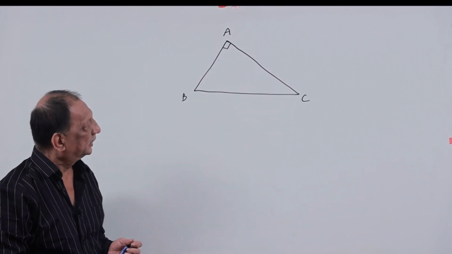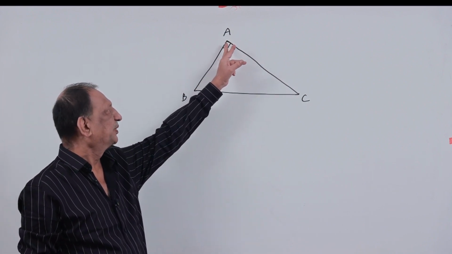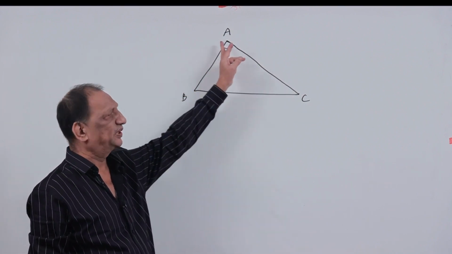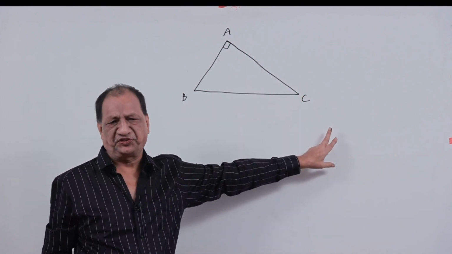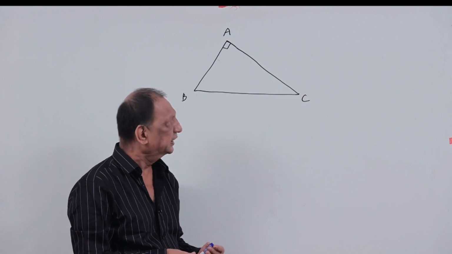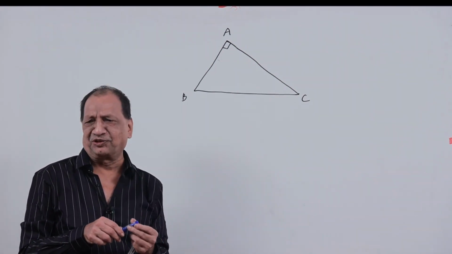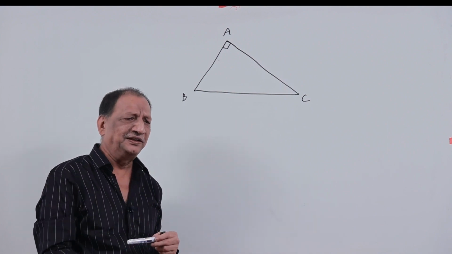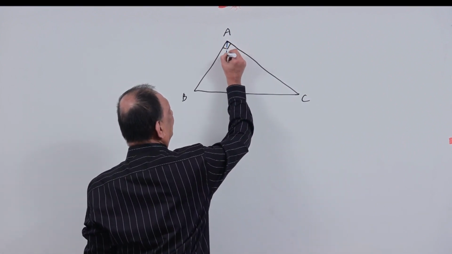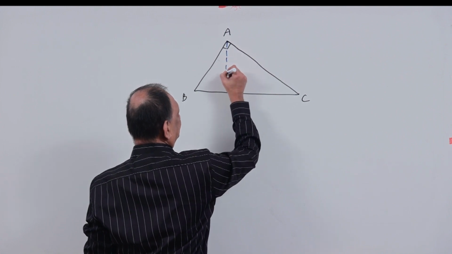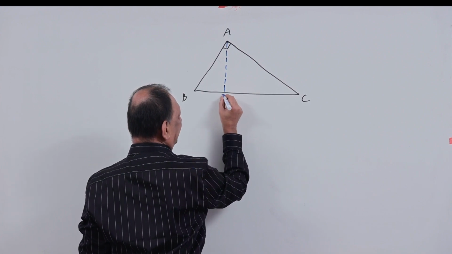Now here Pythagoras theorem states that the squares on the two sides, AB squared plus AC squared, add up to the square on the hypotenuse, which is BC squared. That is what we are supposed to prove. And the construction here is to get some similar triangles. Once you get similar triangles, you can always apply Thales theorem. The construction is to drop one perpendicular from A to BC. We call it point D.